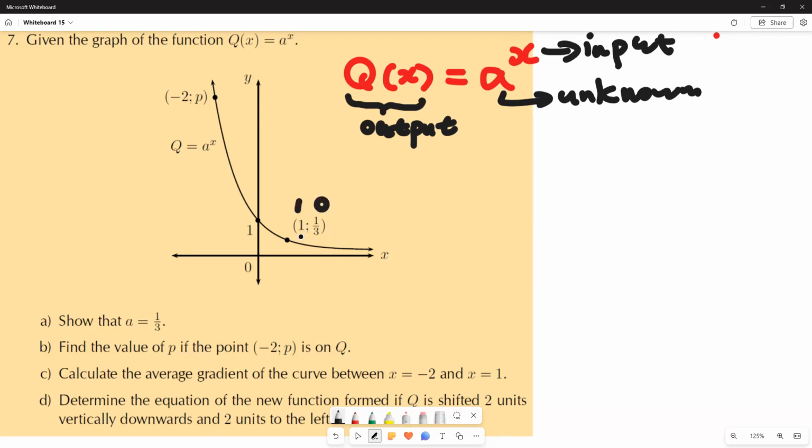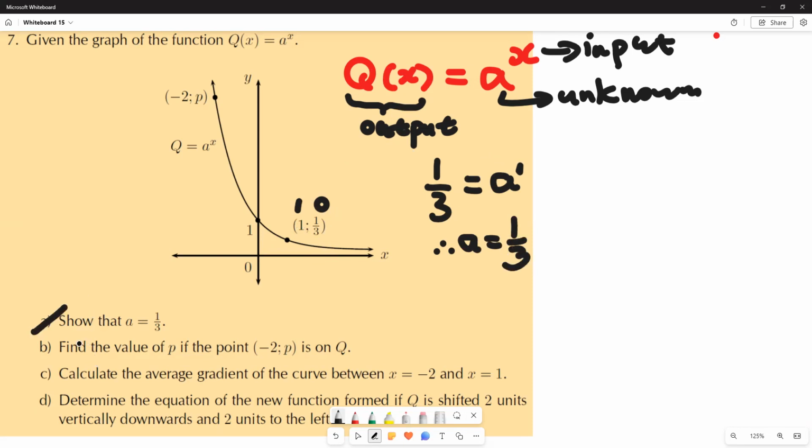So the x value is the input, the y value is the output. Where there's y, I'm going to put this. So I have 1/3 equals a to the power x, which is 1 in this case. So x is 1. Remember, a to the power 1 we can write as a, so a equals 1/3. Then you're done with that, right?